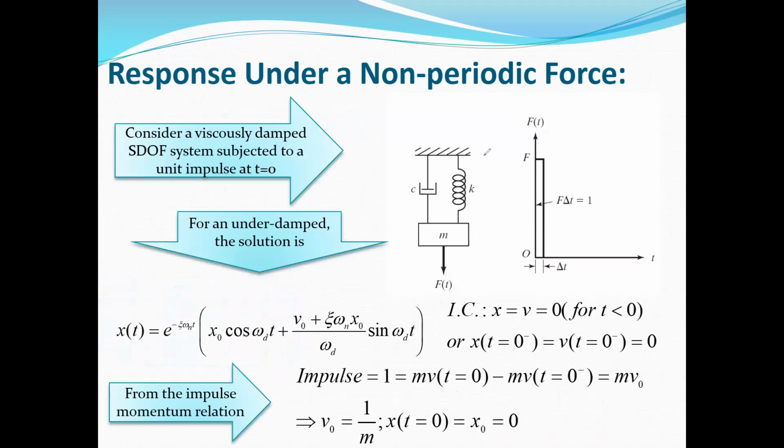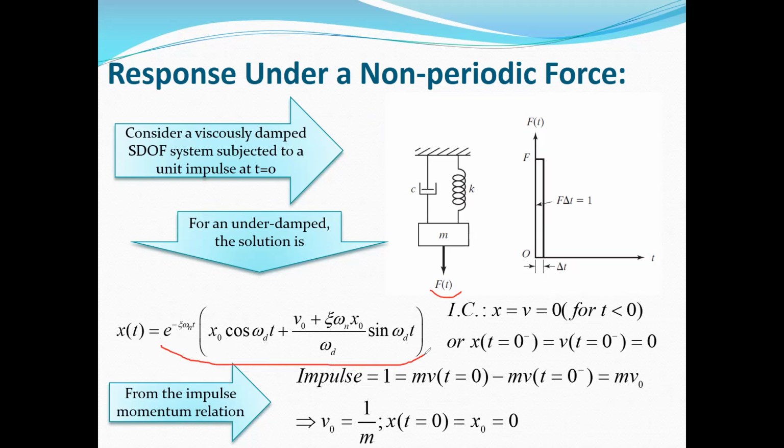So again, consider a single degree of freedom system subjected to the load F(t), which is an impulse with an arbitrary amplitude. Okay, we start with, for example, 1. For this system, the response for an underdamped system can be obtained using the integral, and we can obtain that x(t) is equal to this term.